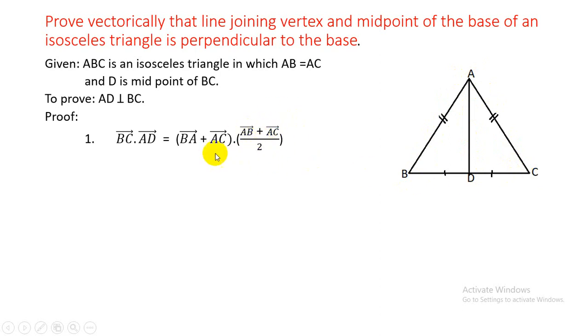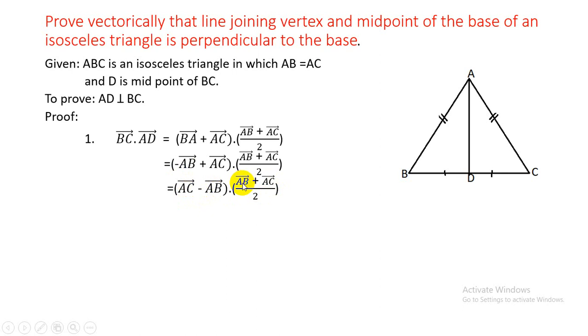Next, BA vector means minus AB vector, AC remains the same, and AB plus AC by 2 also remains the same. Now make it AC minus AB, and then AC plus AB by 2.